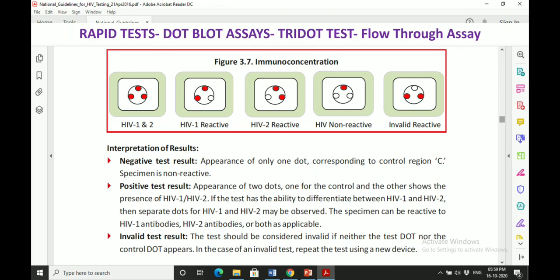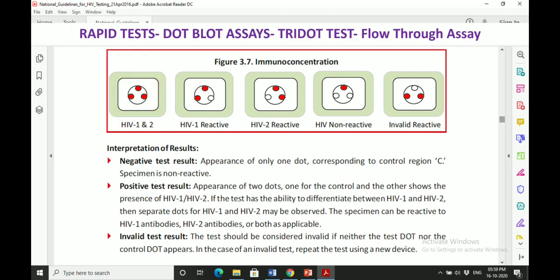One dot will appear for the control and the other one will show either the presence of HIV-1 or HIV-2 antibody. It depends on the type of infection that has occurred, and a specimen sometimes can be reactive to both the HIV-1 and HIV-2 antibodies, as shown in this picture.